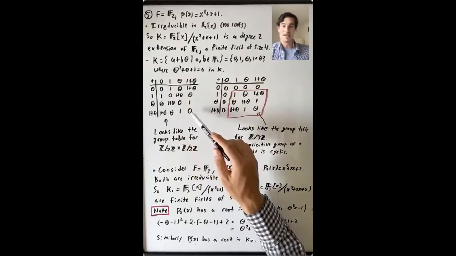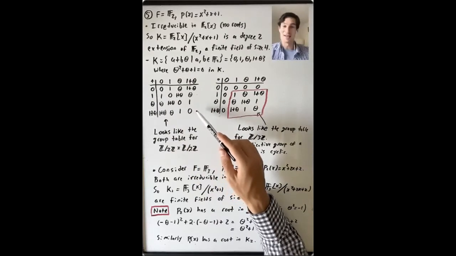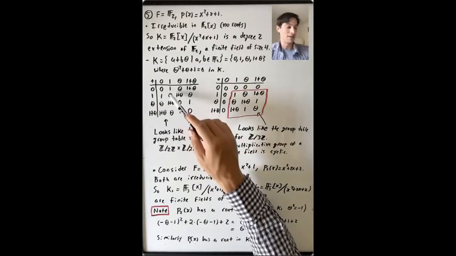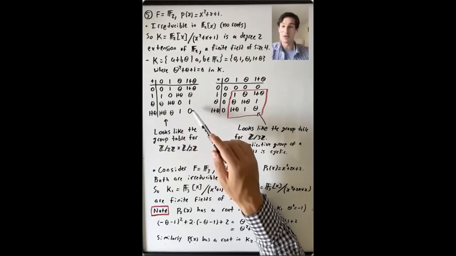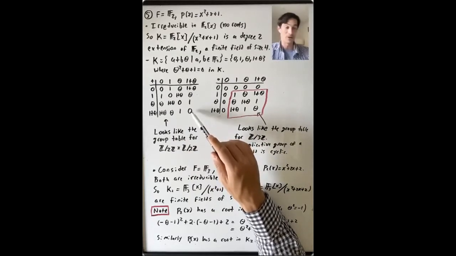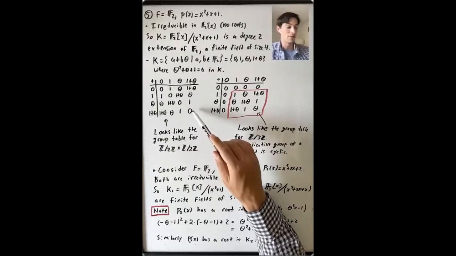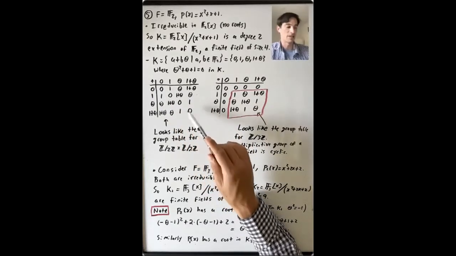This is clearly symmetric because plus is abelian. You add any element to itself, you're in a field of characteristic 2, you get 0. Like 1 plus theta plus 1 plus theta is 2 plus 2 theta. But 2 times 1 and 2 times theta are both 0 in this field of characteristic 2. And you can check the other entries here.